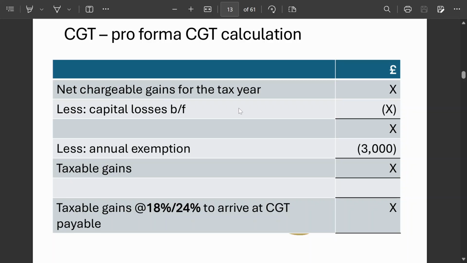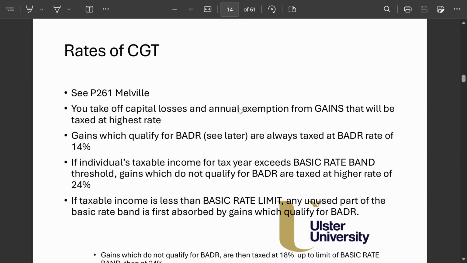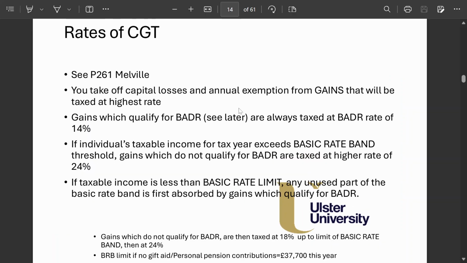And then you find out where you are in the tax bracket. If you see, you start with the NSI. First we start taxing NSI, then we start taxing the SI, and then the dividend income, and then we can tax the capital gains income. The rates we already have. Now, here's something you need to remember. We haven't studied BADR yet, but when we do, you'll see this business asset disposal relief.